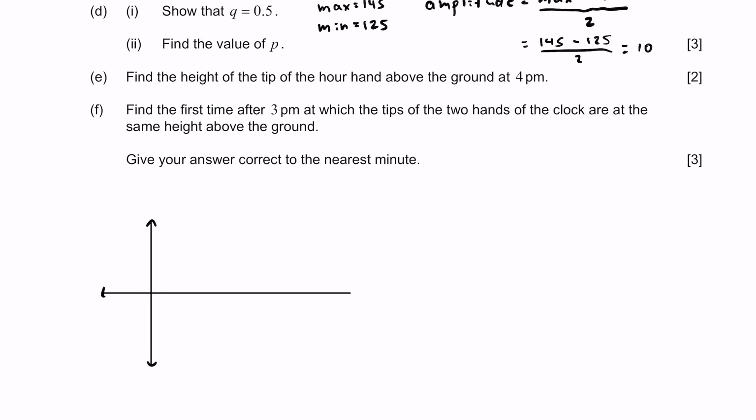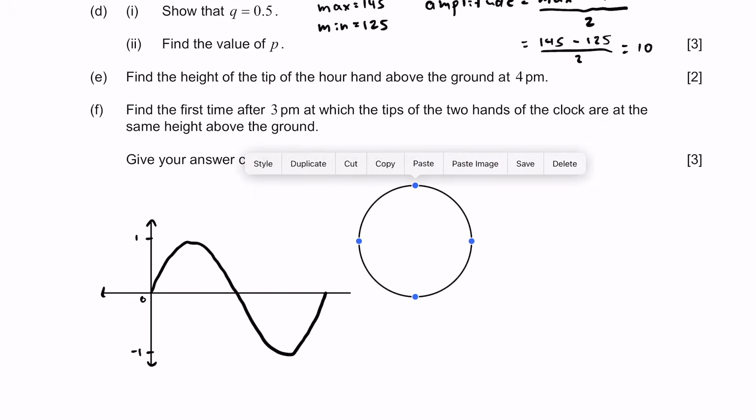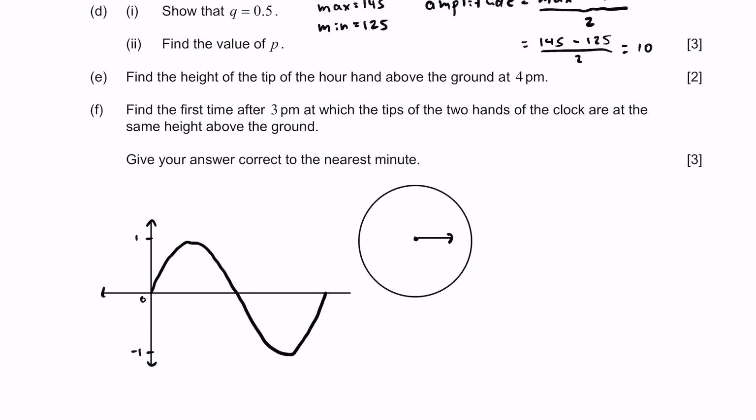So here is a generic sine function, something like this. It starts at 0, 0, goes to a max of 1, goes to a minimum of -1, and it starts at the origin. It sweeps through 360 degrees. But if we're talking about our hour hand right here, I'm going to try to draw it, just the hour hand.